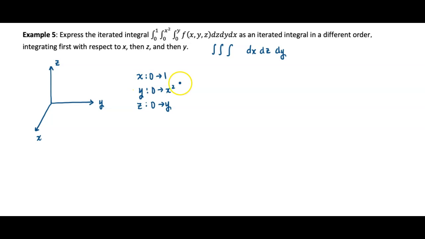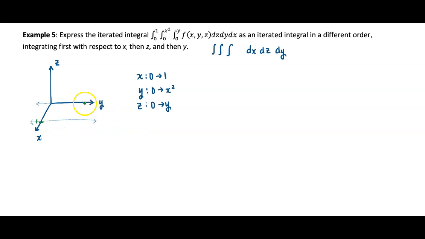So let me start with the constant because that's easy enough. I can picture x just going from 0, so x equals 0 to x equals 1. Okay, so I know my graph must be within this region from 0 to 1.